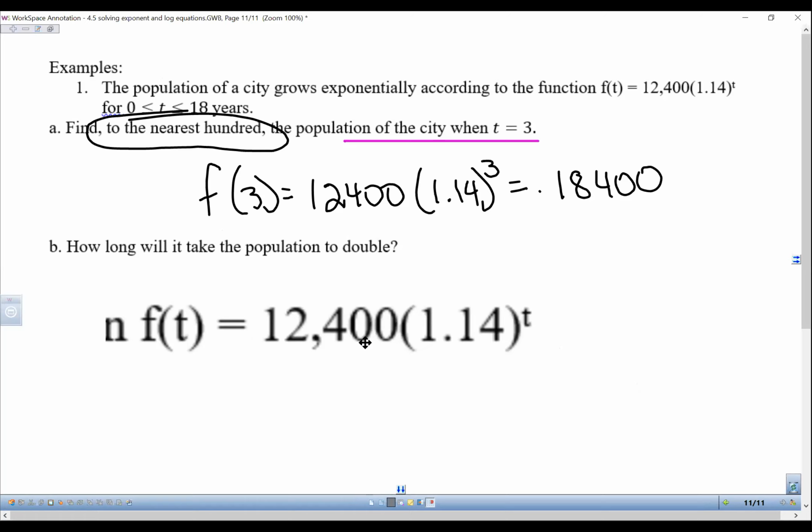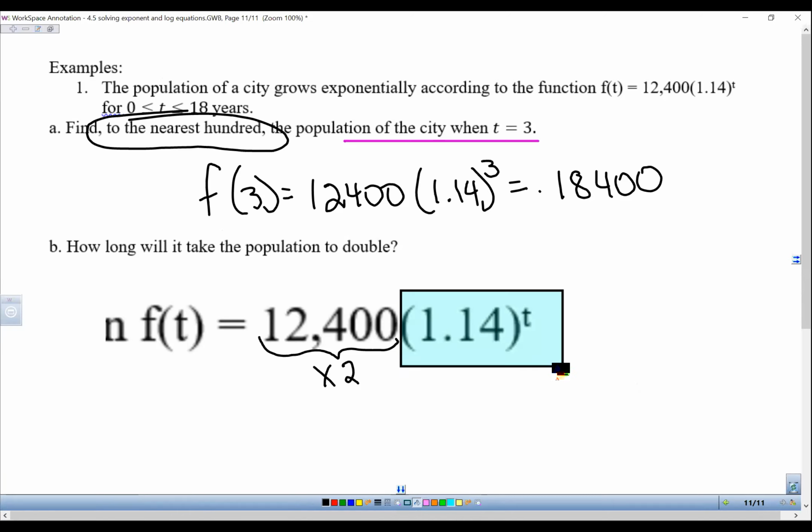If we want it to double, then that means this amount gets multiplied times 2. Well, what are we multiplying it by? We're multiplying it by this right here. So if we want it to double, that means that this 1.14 to the power of t has to equal 2. Okay? If we wanted it to triple, then it would have to equal 3, and so on.